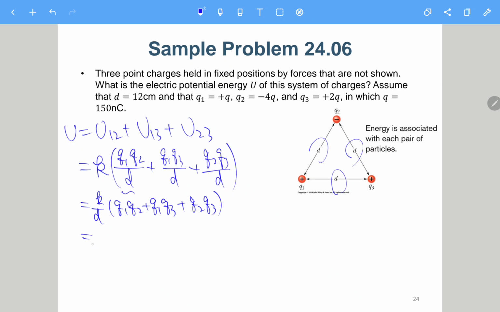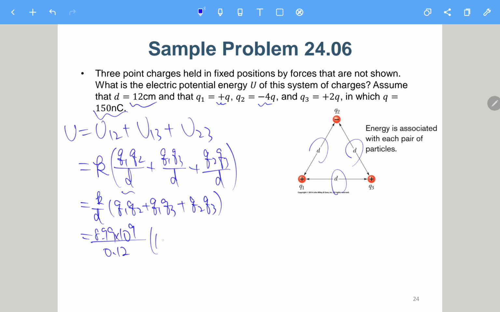So we can plug in the numbers. k is 8.99 times 10 to the 9th power, and d is 12 centimeters, 0.12 meters. Then for Q1 Q2, we just put the Q outside, so we have Q squared outside, and we only need to consider how much Q we have.